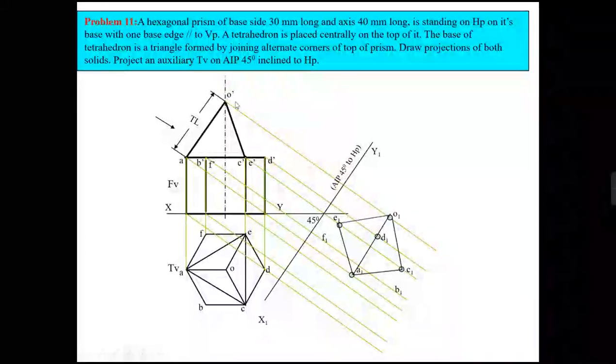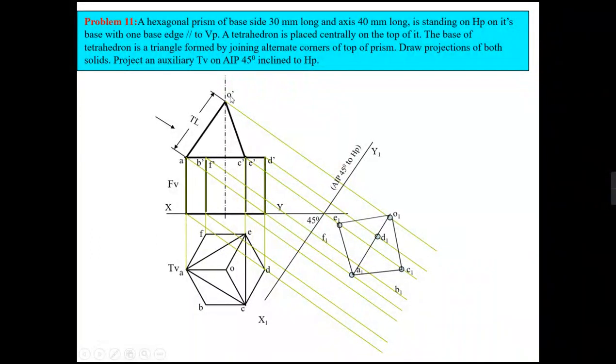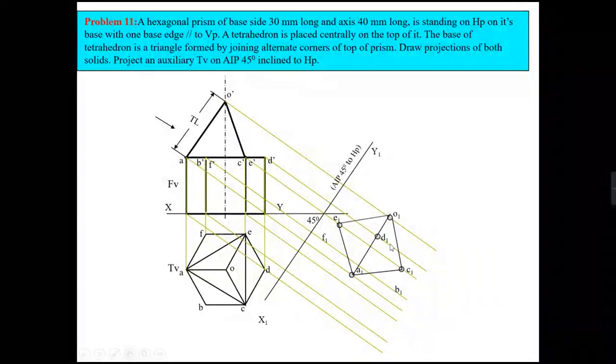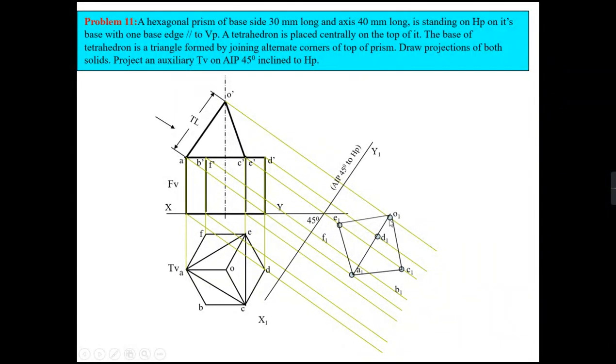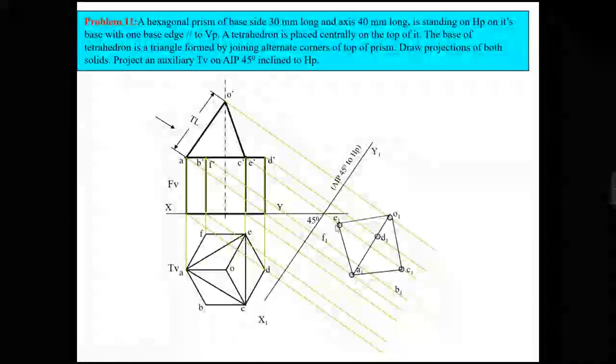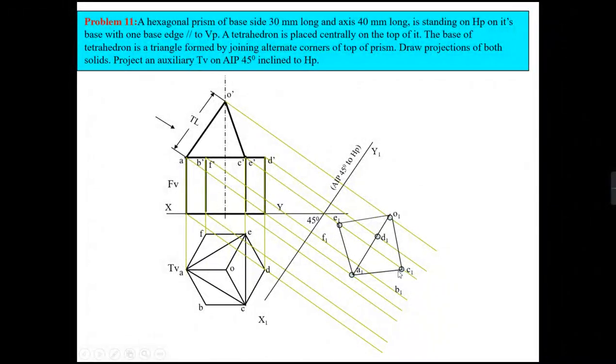If you see it from here, you will be able to see A and O, and the triangular faces passing through A and O, that is OAC and OAE. So this is your O, this is your A, this is your point E, and this is your point C.